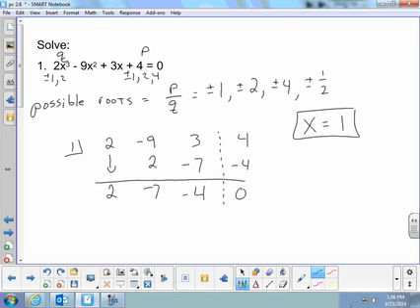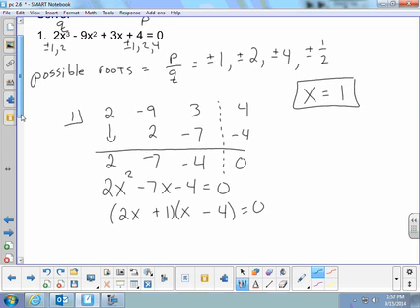And I could sit there and continue to try those different roots, or I can say to myself, well, I have a depressed polynomial, x squared minus 7x minus 4. I think I can factor that, or worst case, I could use the quadratic formula. Minus 4, positive 1.